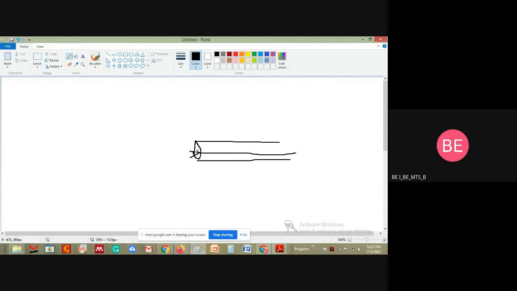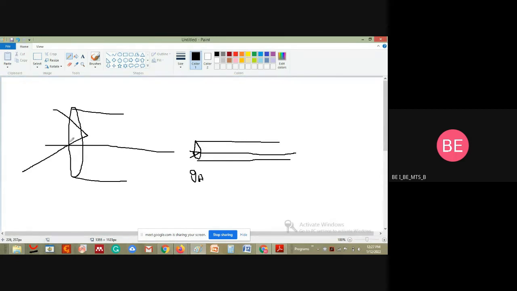This is the value of theta A. So if I have a larger diameter fiber, this is my fiber, and this is the axis of the fiber. Now this is my theta A. If you consider this theta A, this will certainly be larger than the previous theta A.